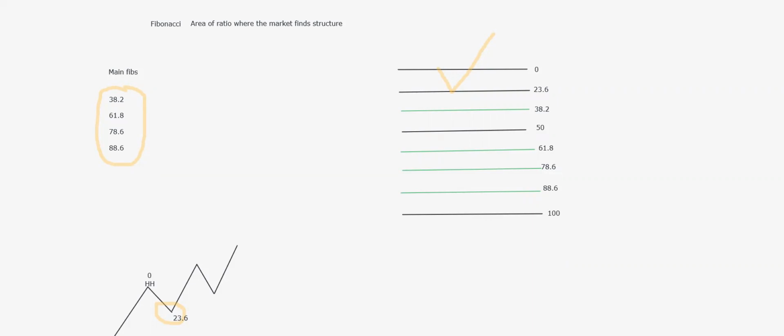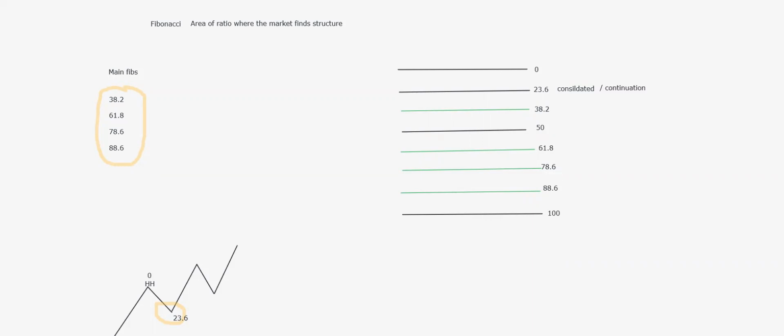So there are two things that happen at 23.6. Price will consolidate, or we can see continuation, right? Continuation. This is what you see at 23.6. So what does that look like?